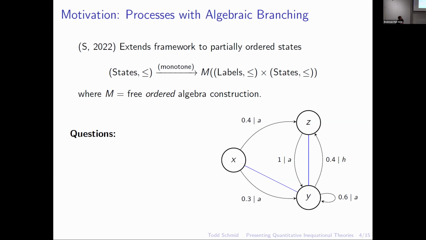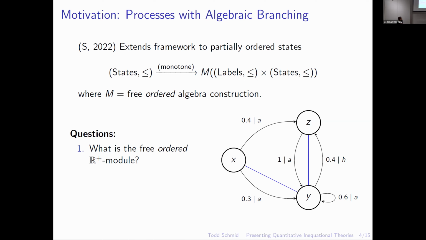And if I want to draw pictures like this, the natural question is, what is the free R plus module on a partially ordered set? What is the free ordered algebra now? Is it the same as before with just a new order? What is the order? These were questions that immediately came to mind.